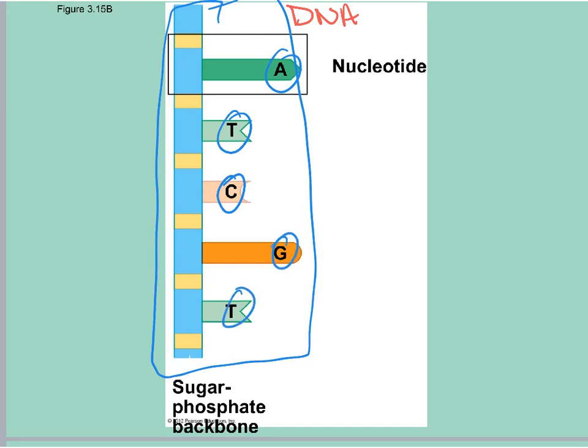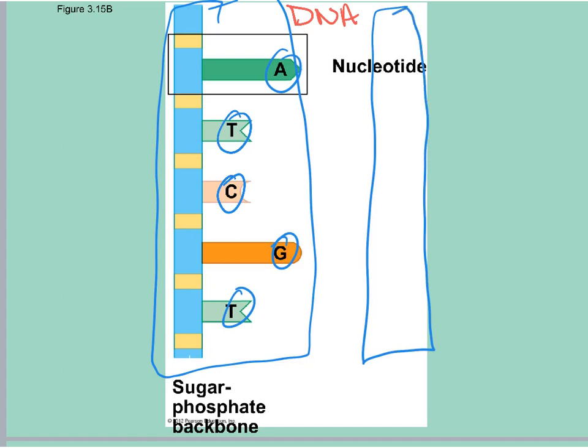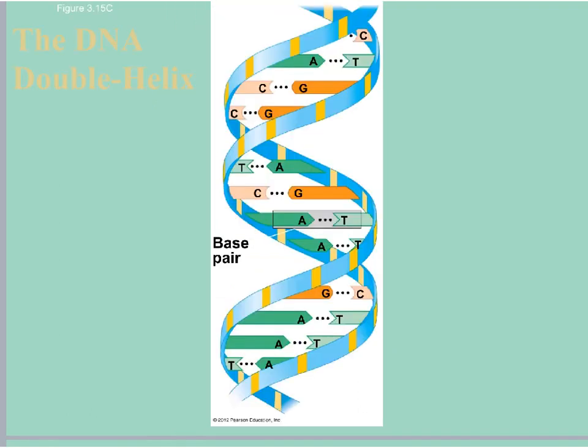When that string comes together with another string of DNA, those nitrogenous bases are going to interact. They're going to bond. So A binds with T, and again, A binds with T, and then C bonds with G, G bonds with C again, and T bonds with A. So in effect, I have it in this picture.